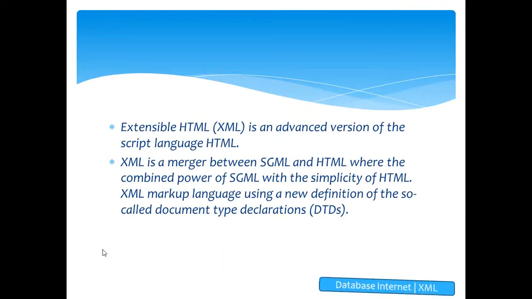XML is a merger between SGML and HTML, combining the power of SGML with the simplicity of HTML. XML markup language uses a new definition called document type definitions, or DTDs.